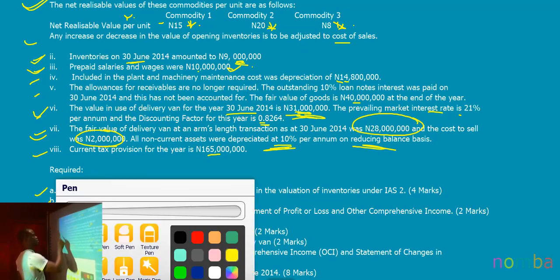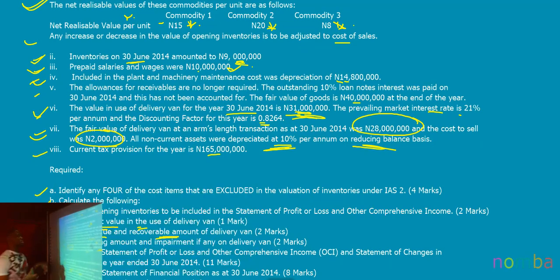And we're told that included in the plant and machinery cost was depreciation of 14,800. What that is pointing at is that we have to remember to reclassify depreciation of 14,800 from the machinery maintenance costs to the depreciation account.